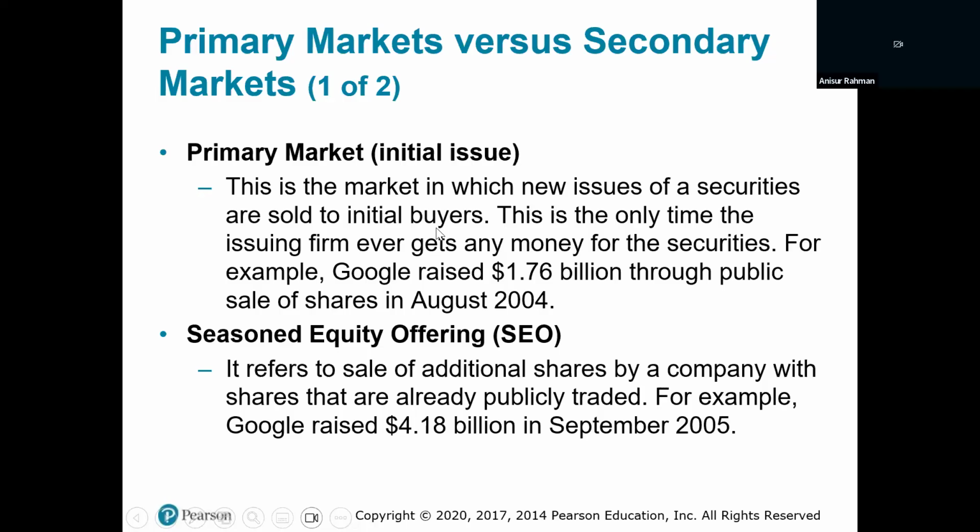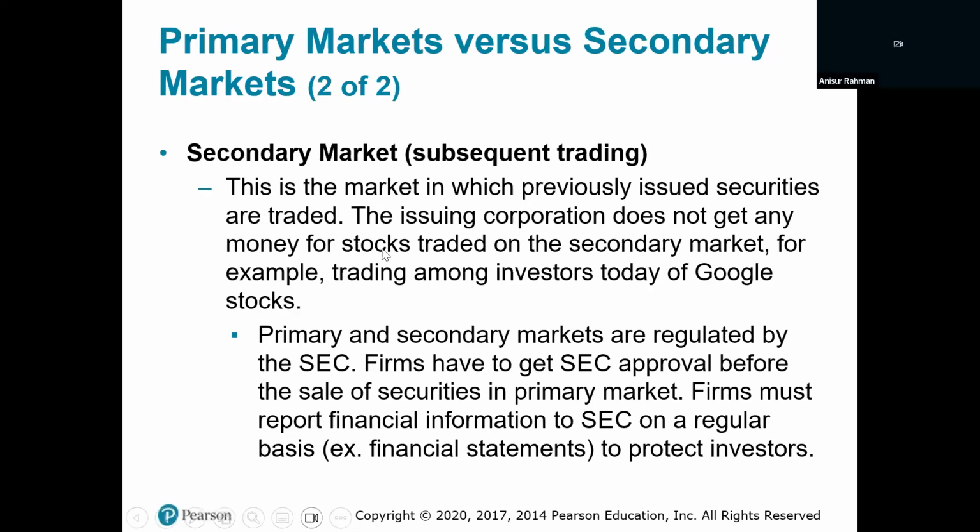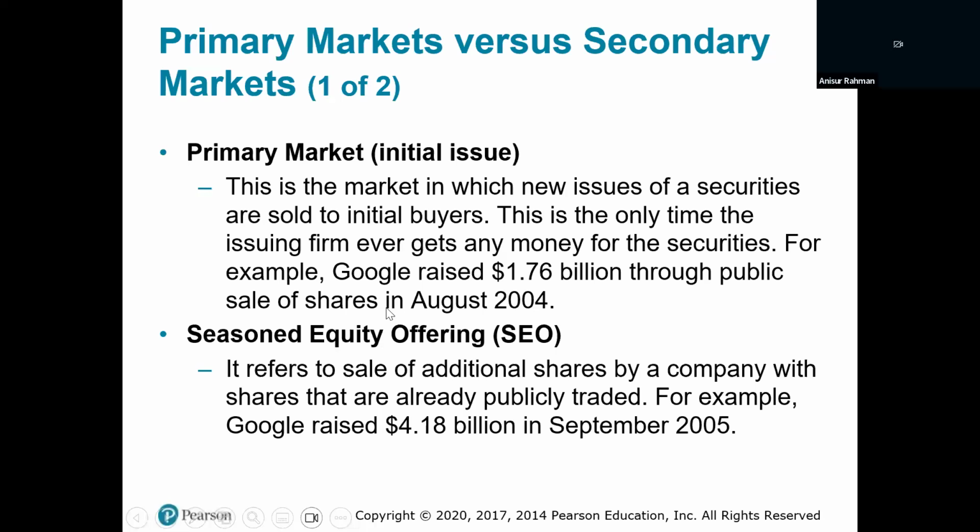So new issue, first time or subsequent time, both happen in the primary market. But if it is the first time a company is raising money, it is called IPO, initial public offering. So it is not here on the slide. And anytime after a company sells new shares, that will be in the seasoned equity offering.